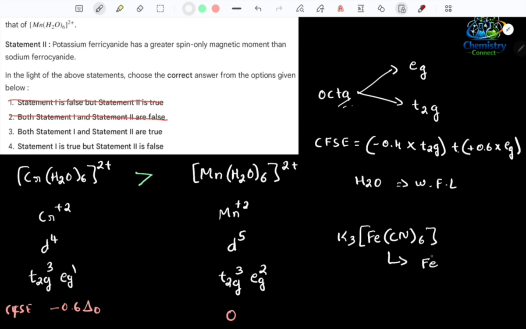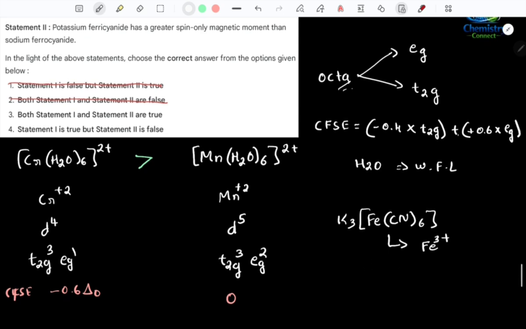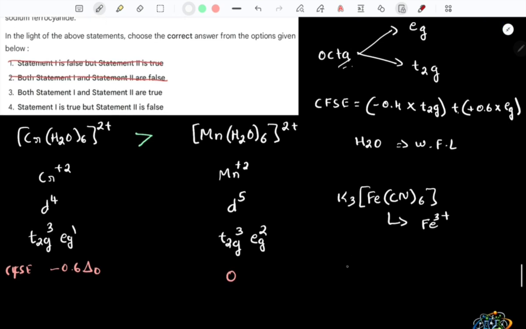Now one more is sodium ferrocyanide. As I told you, ferro means the +2 oxidation state, so Na4[Fe(CN)6], and the oxidation state will be Fe2+.